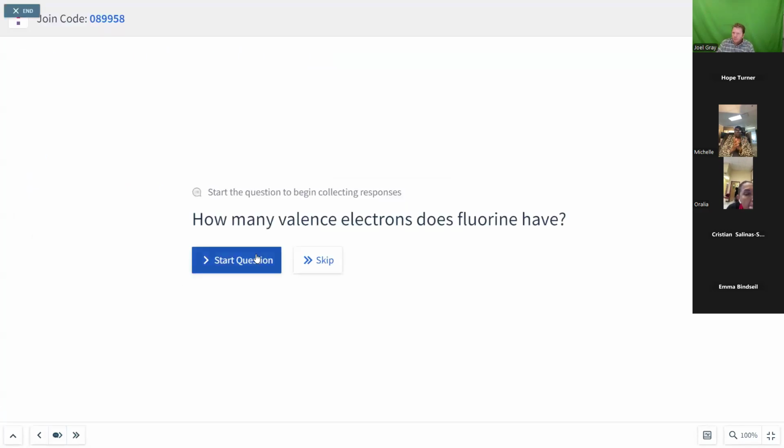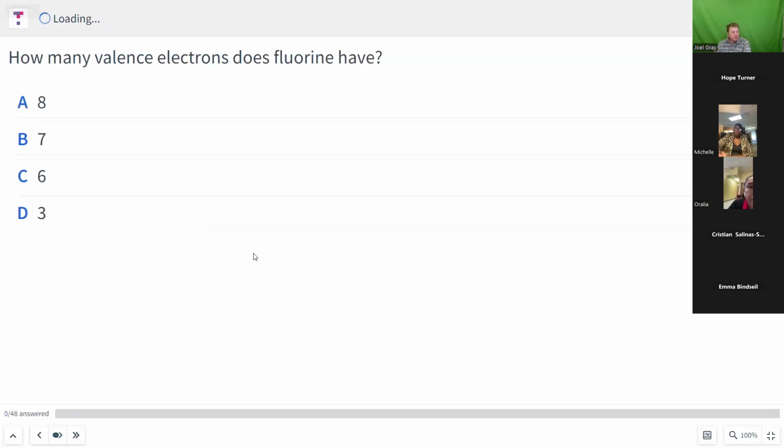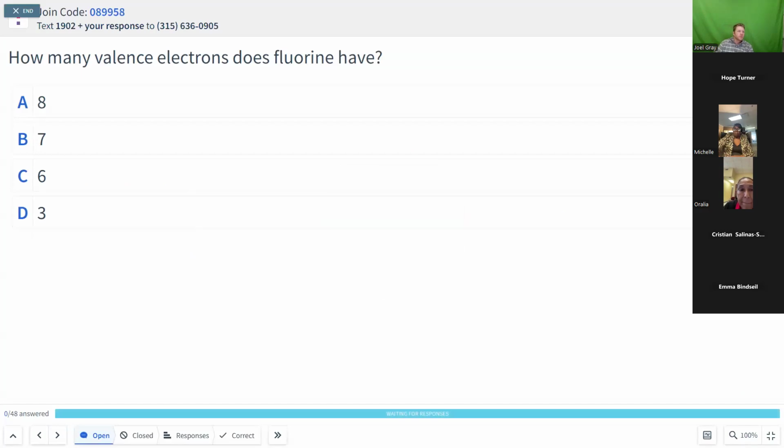Next up, same sort of question, familiarity with the periodic table. And this is a good one to keep in mind because fluorine is our most electronegative element. It's helpful to just be ready with the recall of how many valence electrons fluorine has.